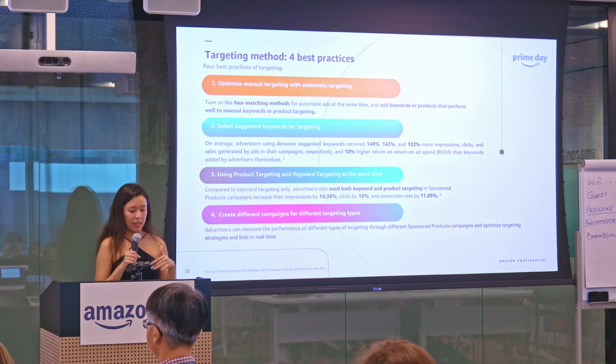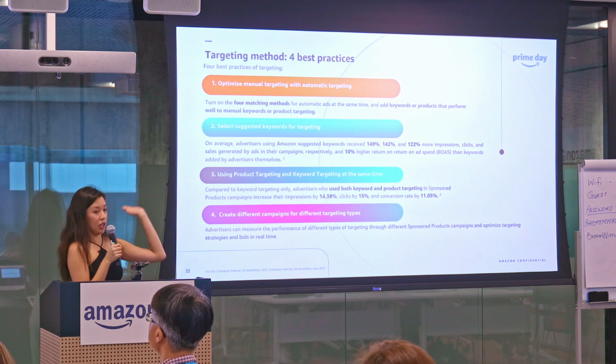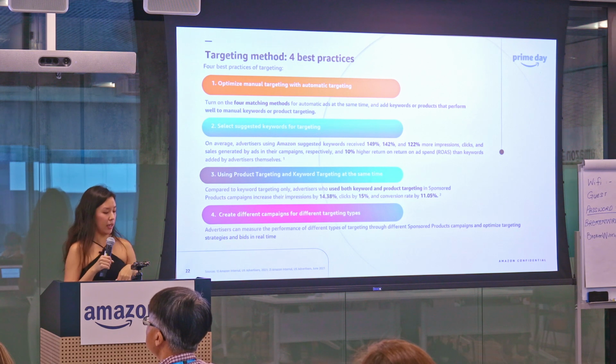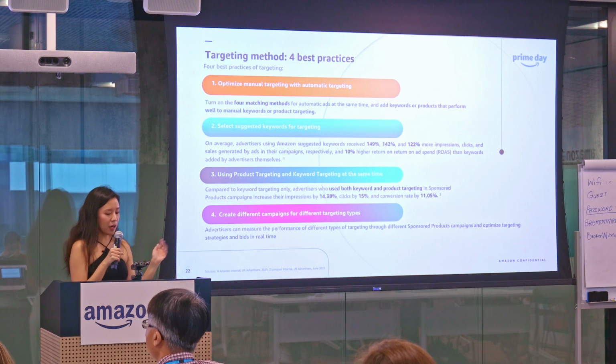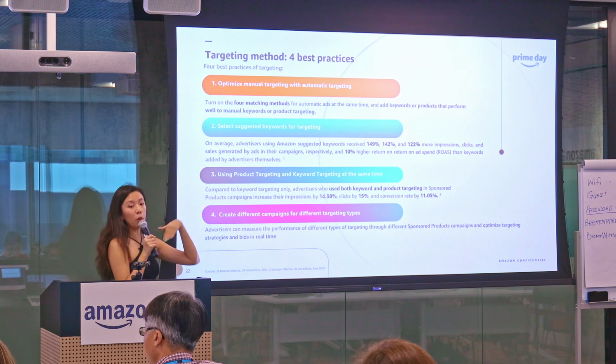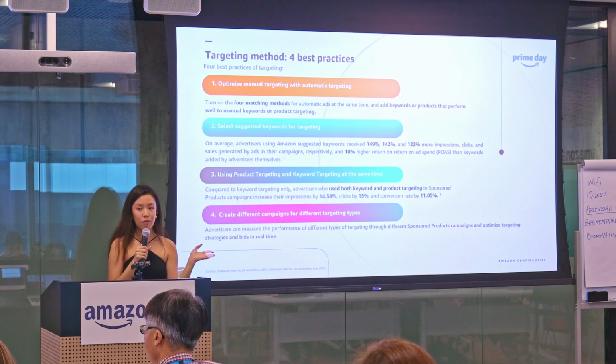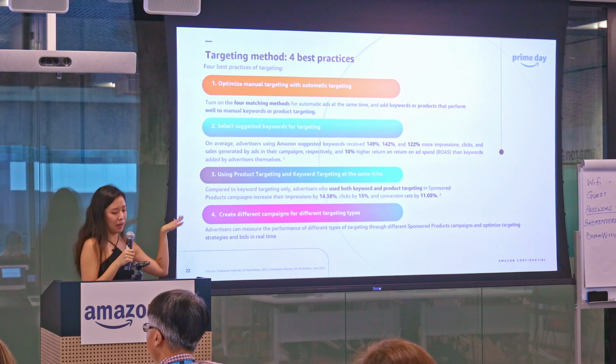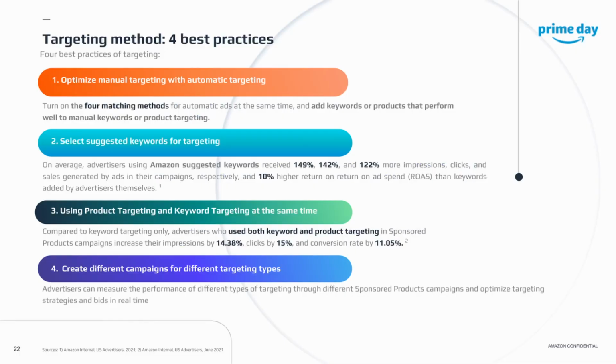Subsequently, you can select suggested keywords from Amazon for targeting. And at the same time, if you are taking an offensive as well as defensive strategy, it's natural that you might be using product targeting as well as keyword targeting at the same time. And of course, create different campaigns for different targeting types.